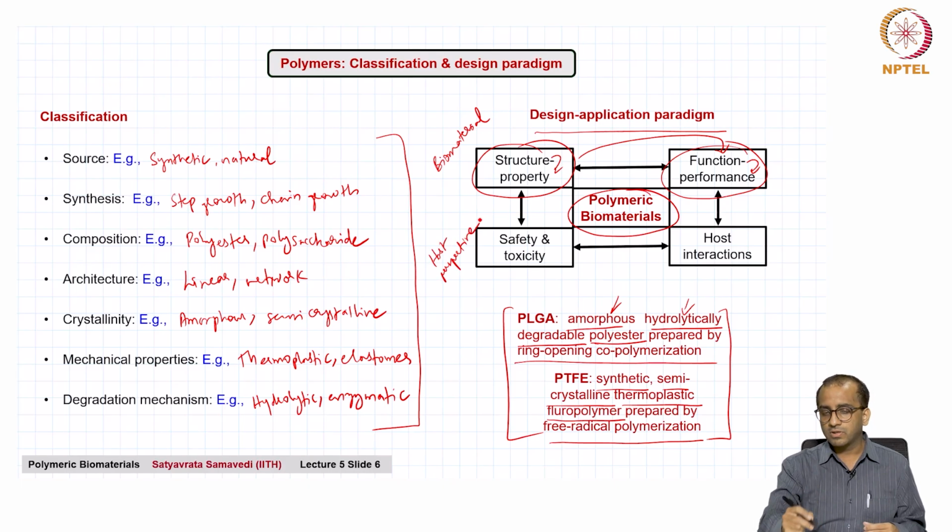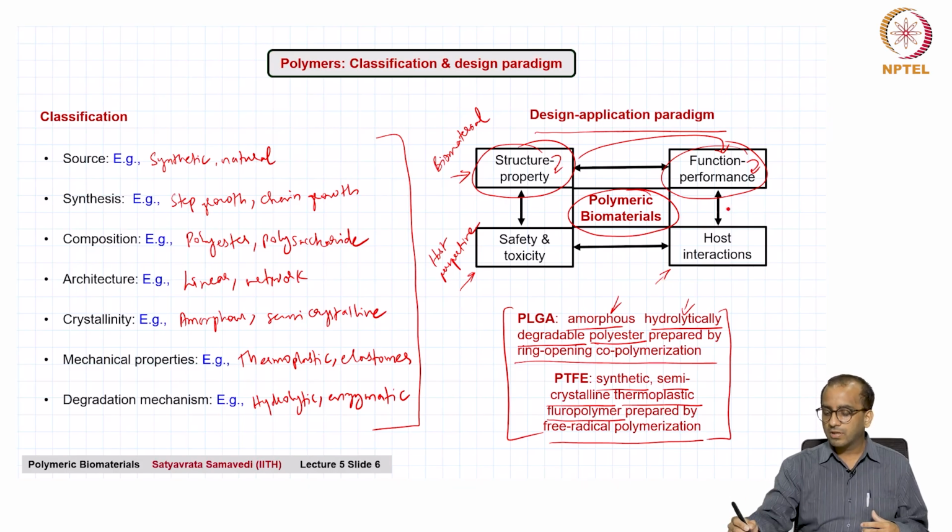From the host perspective, if you remember the word biocompatibility, it has two components to it. Remember that it's not an intrinsic property of a polymer, de facto it's a property of a system. And you always have to talk about that in the context of a material interacting with a biological system. So, from a biomaterial perspective, if these things are important, from a host perspective, these things become important.